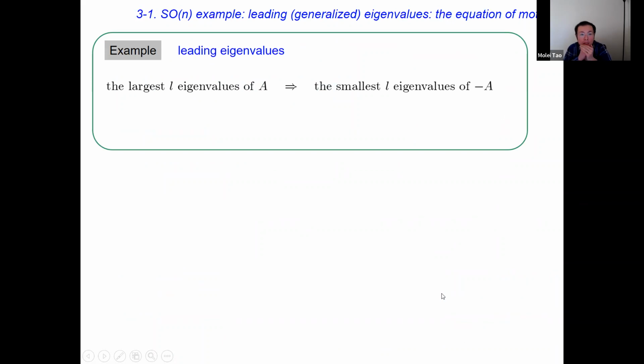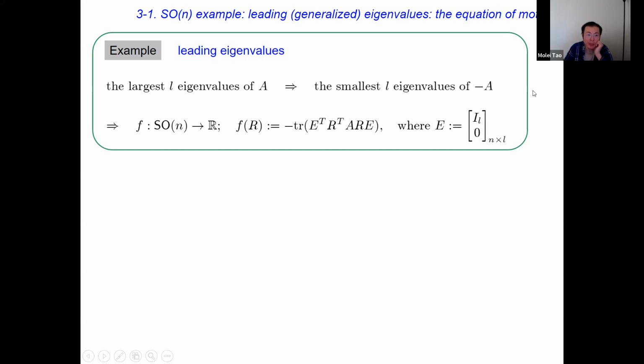So everything sounds very abstract, but in fact, it can be made very concrete. Here is an example. Suppose I just want to compute the largest L eigenvalues of a given matrix A. Of course, you can formulate this as a minimization problem. You just change the sign of A, so no big deal. And you can formulate an optimization problem by defining a function on the special orthogonal group.